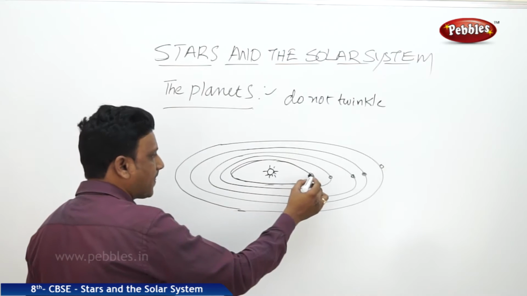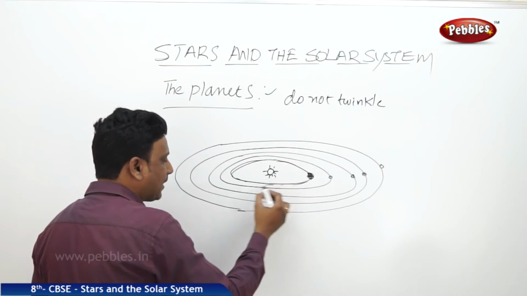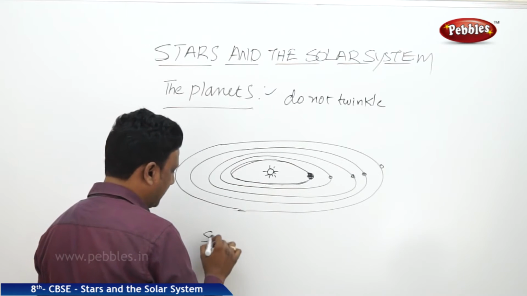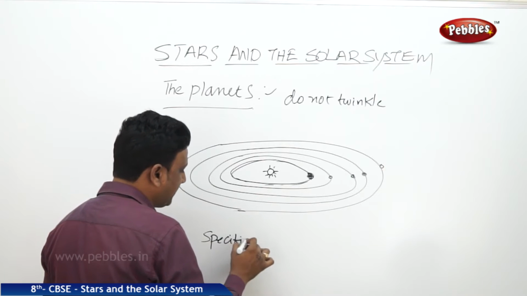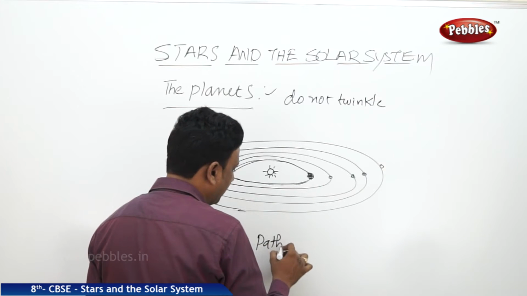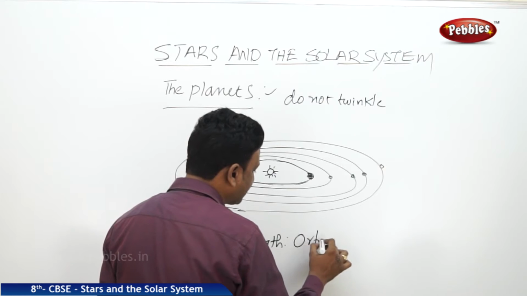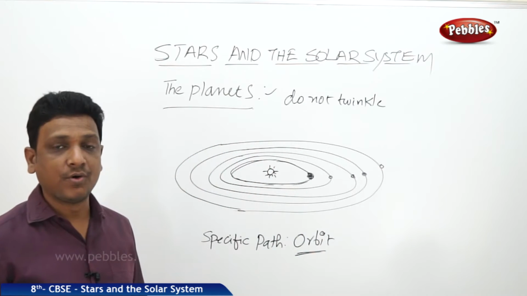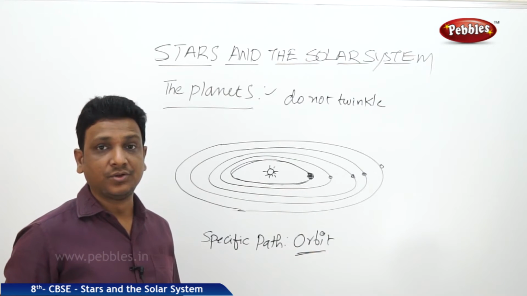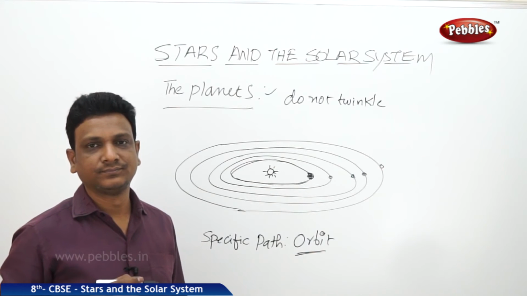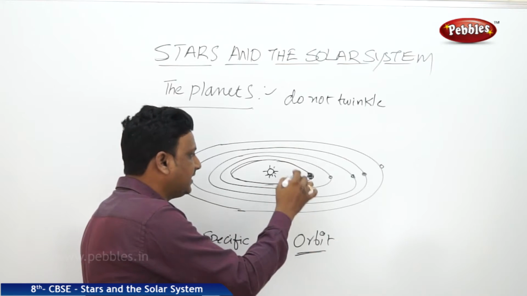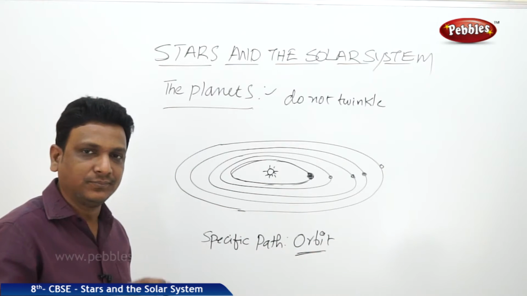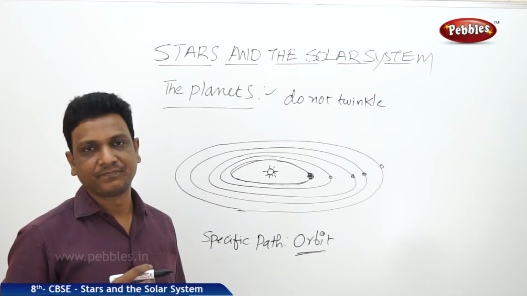So now, the planet is revolving around the sun in a specific path. This specific path is called an orbit. So each planet has got its own orbit to revolve around the sun. Each planet will take a specific time to complete one revolution.